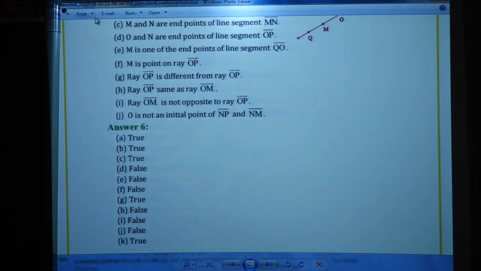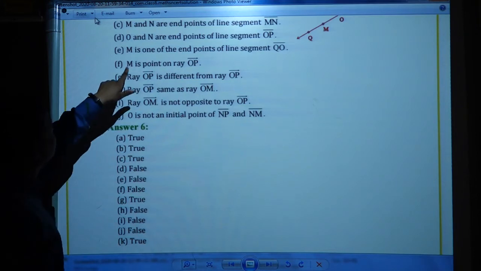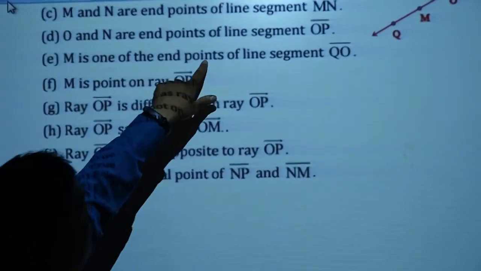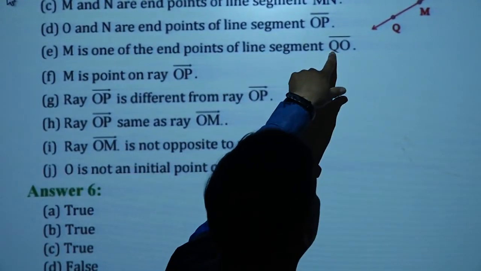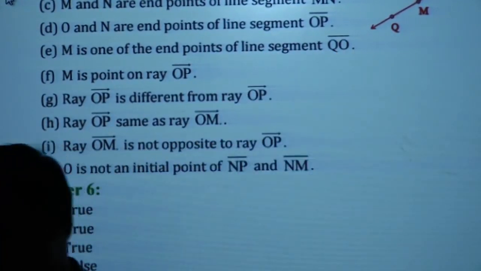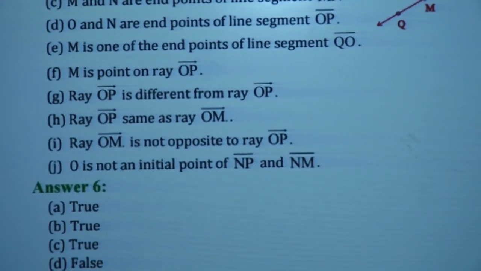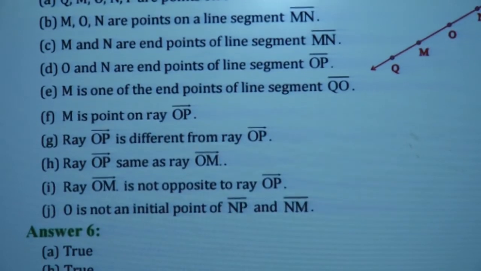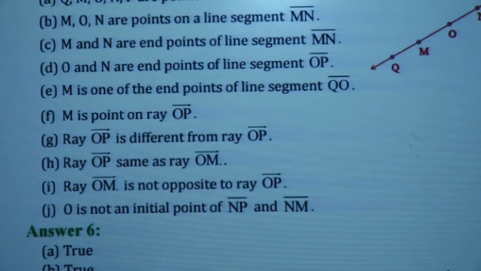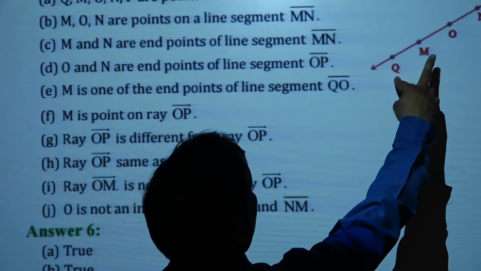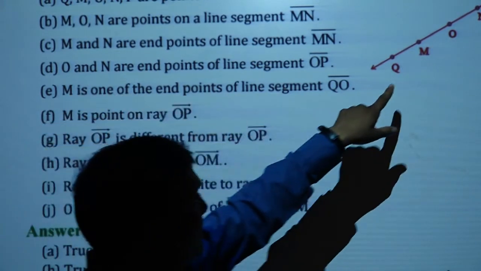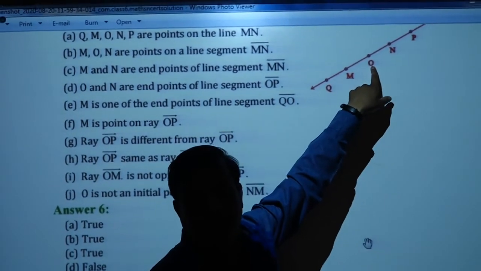Next. D1 is over now. E1. M is one of the endpoints of line segment QO. If you see this QO, M is one of the endpoints. Is M an endpoint of QO?